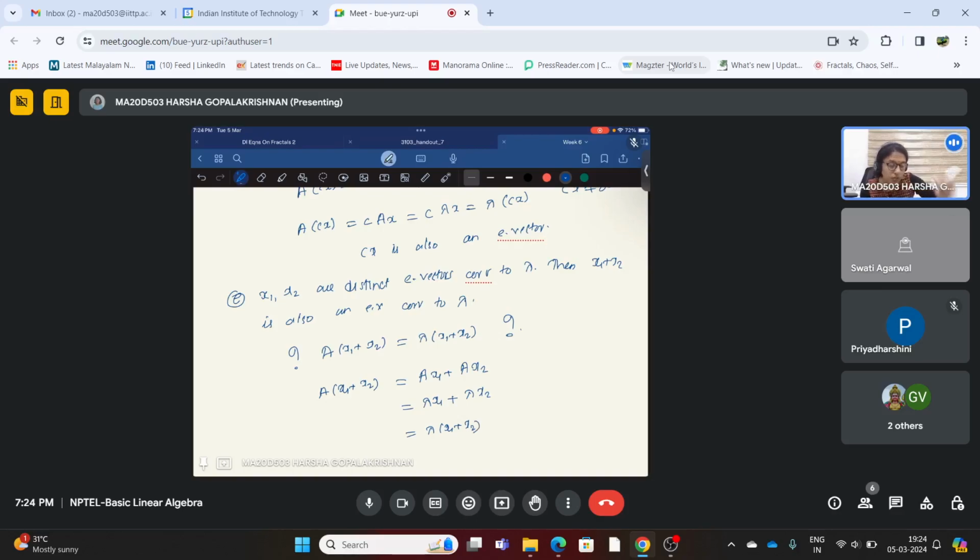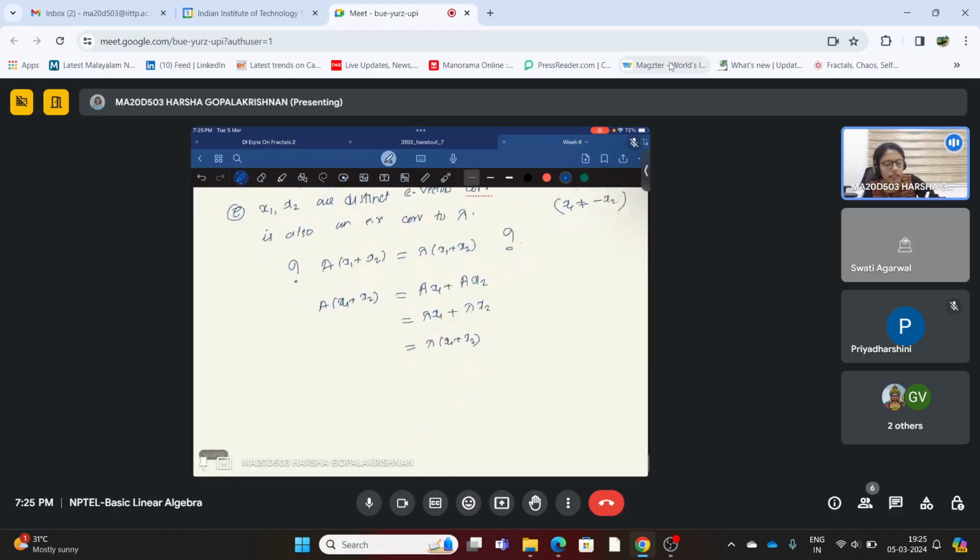Here for safety we can say x1 not equal to minus x2 also. If x1 equals minus x2, then x1 plus x2 will become 0, so we will avoid that case.